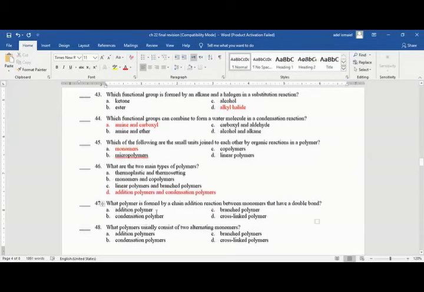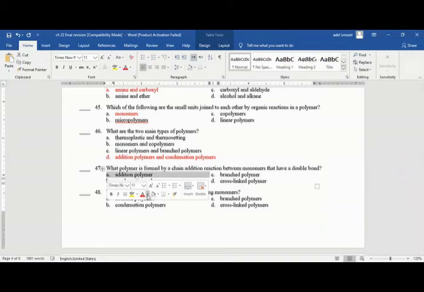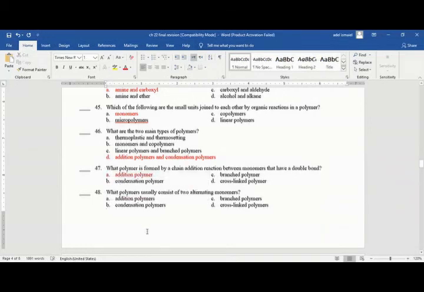Which polymer is formed by a chain addition reaction between monomers that have a double bond? This is an addition polymer. If you have a double bond, this is an addition polymer. If you don't have a double bond and you have monomers combined together, this is called a condensation polymer.